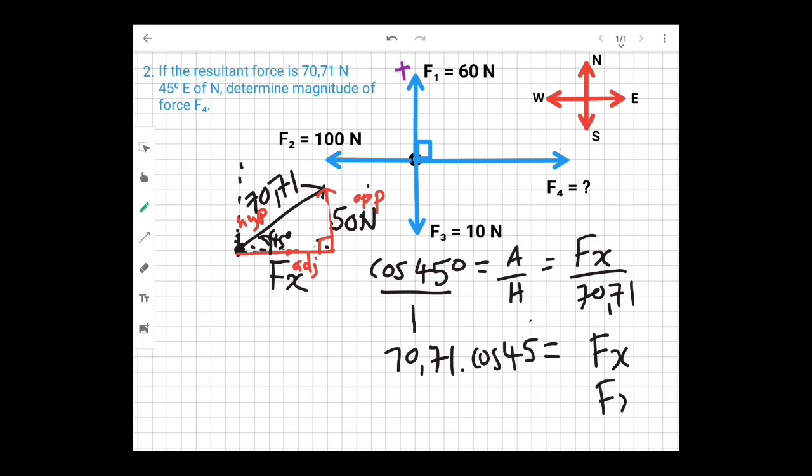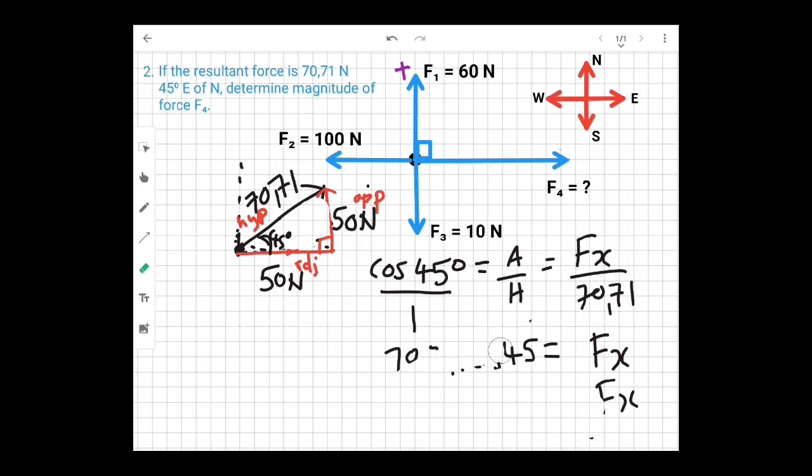Fx is now equal to, this simplifies to 49.999. Round that off to 2 decimal places. The sum of the forces along the x is also 50. Okay, so now we know that this side here is actually 50 newtons.